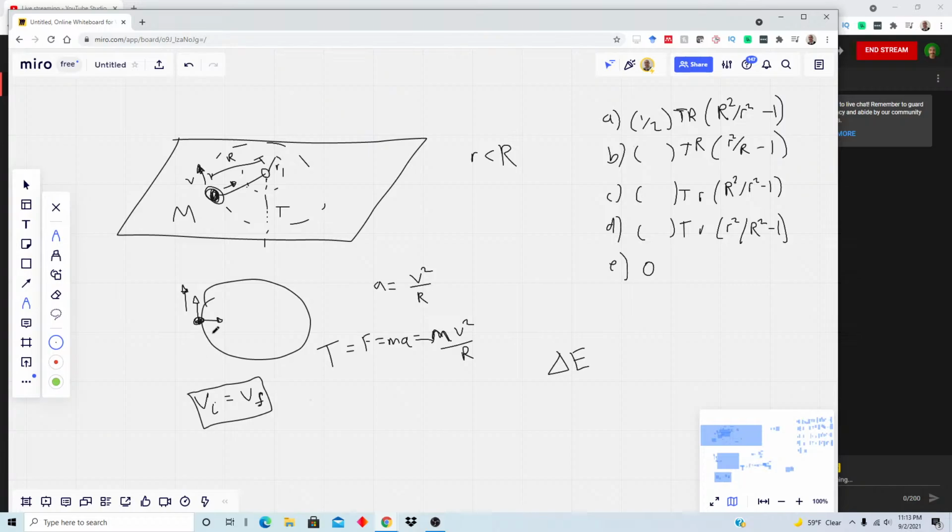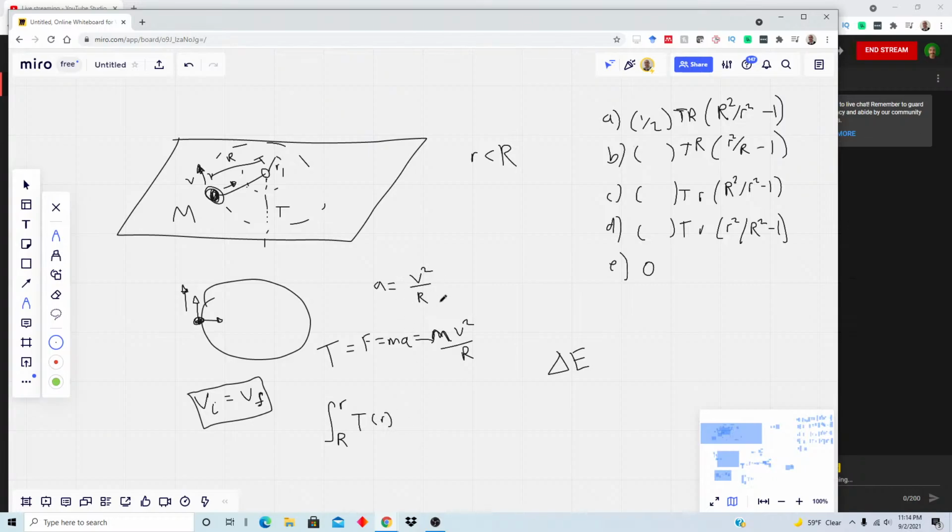And so the work done on this would actually be the integral from r to little r, and then the force inward would be the tension, which would be a function of r.